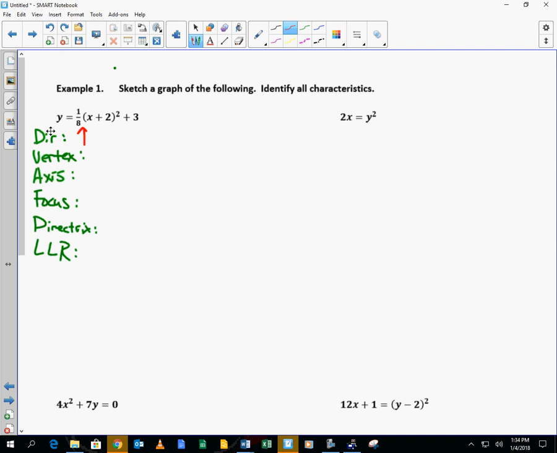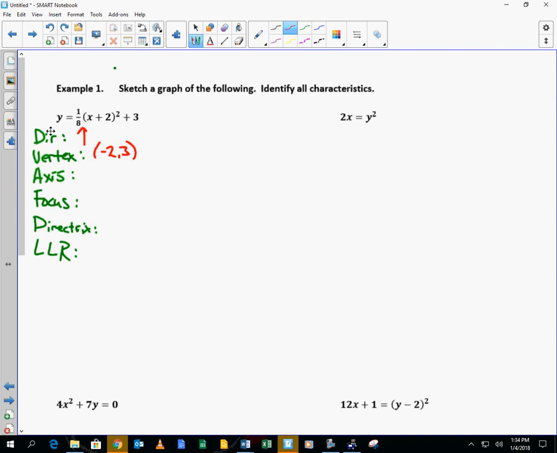Everybody should be able to look at this and tell what the vertex is. Good. And no, the 1/8 will affect how wide it gets. It's not going to affect the location of the vertex.